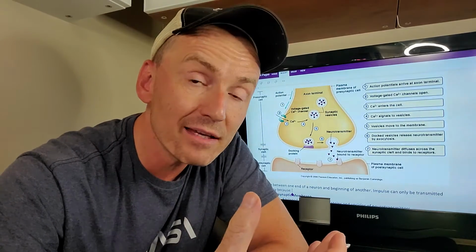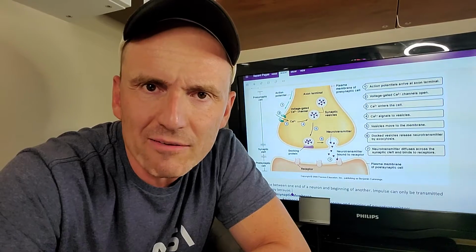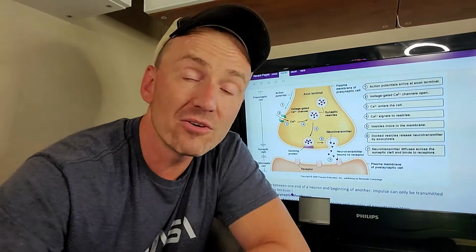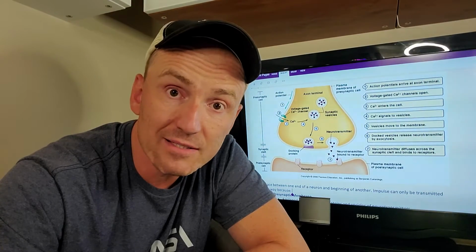So remember, there are neurotransmitters that inhibit things and neurotransmitters that promote or excite things. Basically, it's not a property of the neurotransmitter. The neurotransmitter is just the neurotransmitter. It's a key. It's the property of the receptor and what the receptor does. So in those organs, you have receptors for the neurotransmitter of the parasympathetic system and receptors for the neurotransmitter of the sympathetic nervous system.